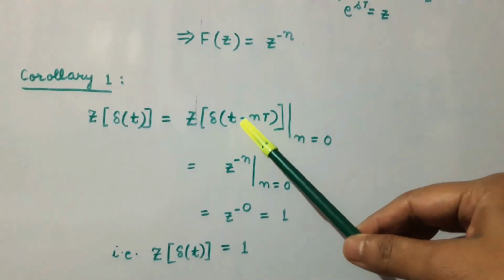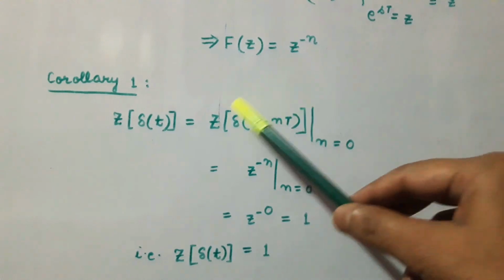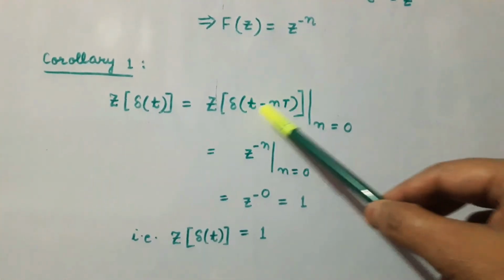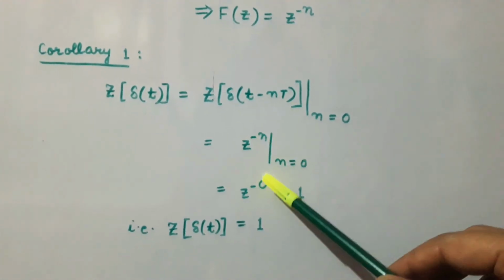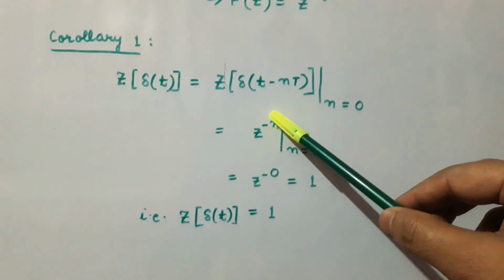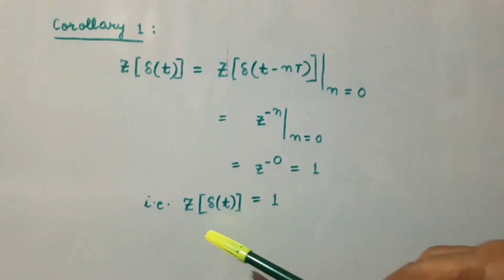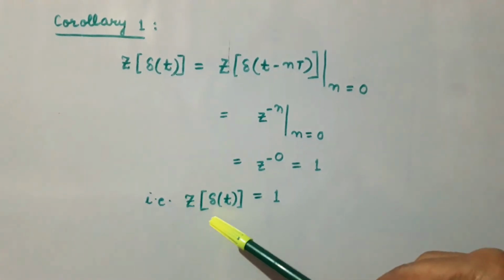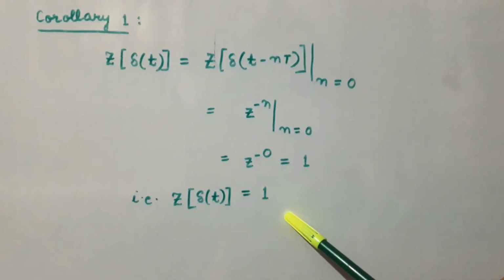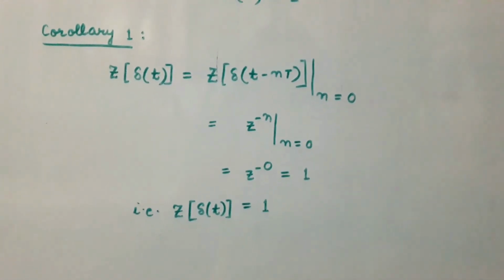And because we derived here that the Z transform of the shifted unit impulse is z^(-n), this will come out to be z^(-n) when we substitute n equal to 0. So if we substitute n equal to 0, this will come out to be 1. So we have derived that the Z transform of the unit impulse is equal to 1, which we have also seen in the previous presentation.